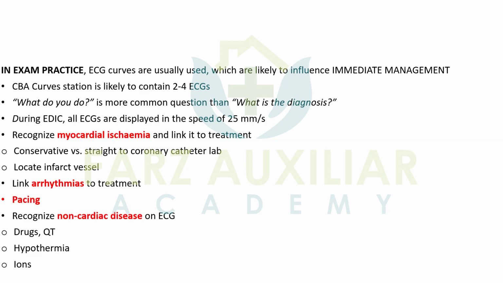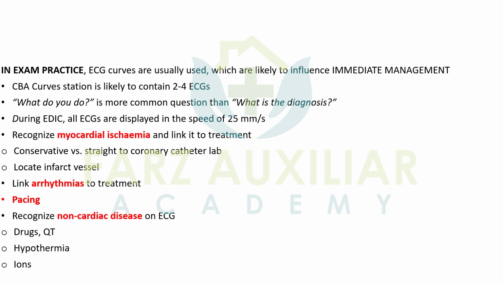One is related to myocardial ischemia, another to arrhythmias, third is pacing, and fourth is non-cardiac disease, like drugs or any toxic drug, QT interval prolongation, hypothermia, or some electrolyte disturbances like hyperkalemia.